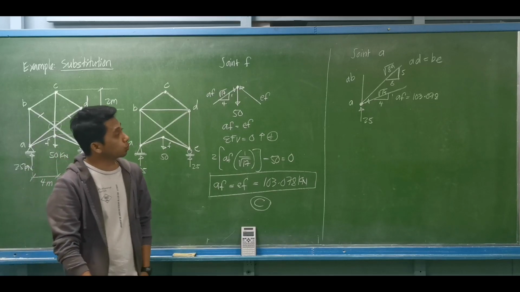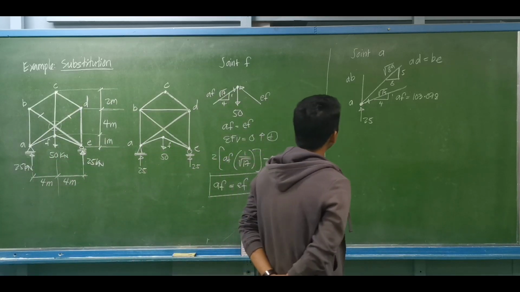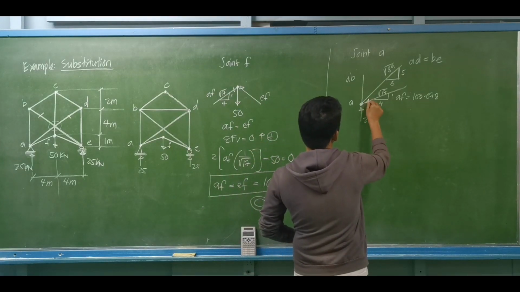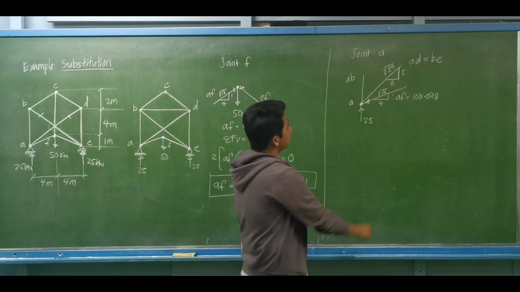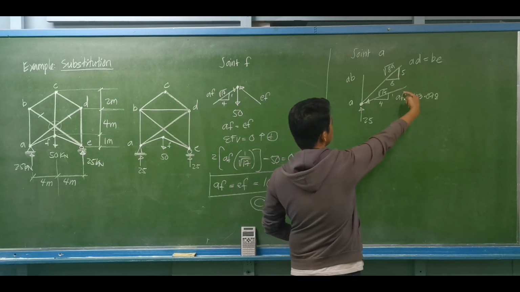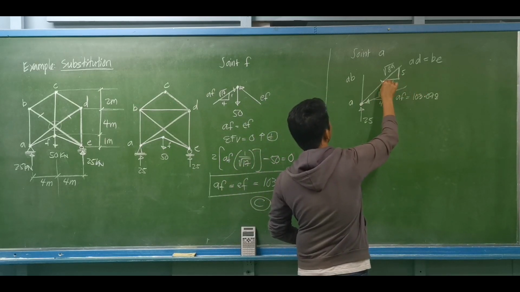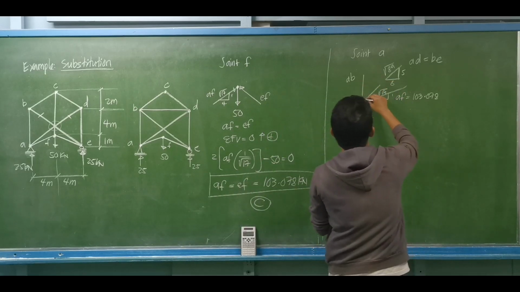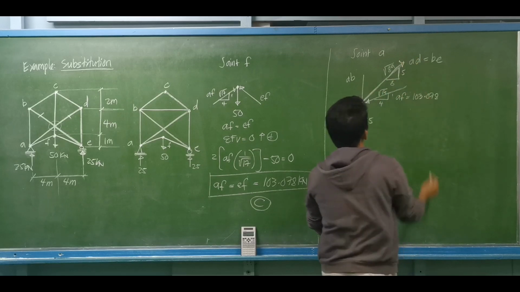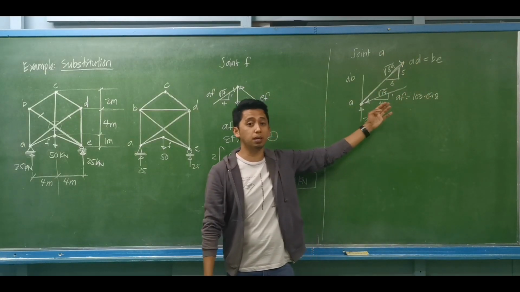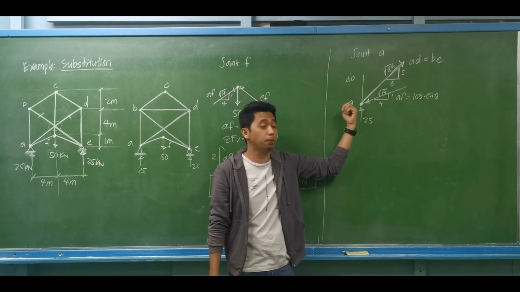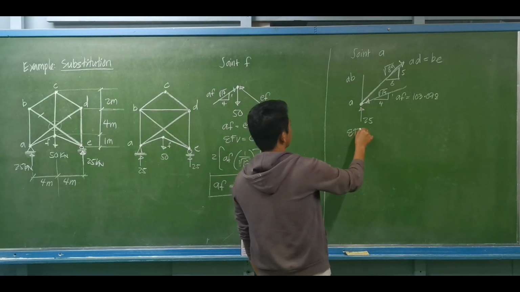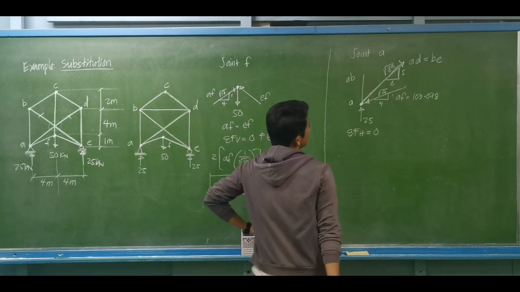So we are to compute. What can we compute here? First thing to solve, we may solve first for member AD or BE. Since this is downward, we will assume that the axial force for member AD this time will be upward. If AF is downward, to be in equilibrium, or if the component of AF is to the left, we need a force to the right. We can have it by summation of forces, horizontal equal to 0.